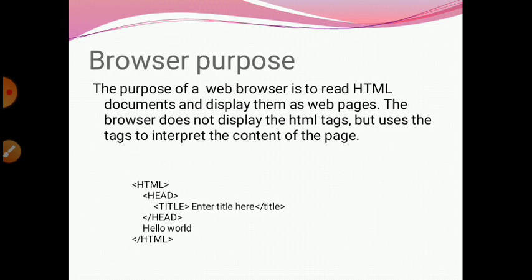So if we are making an HTML file, the browser cannot show all the tags. They are predefined tags. The browser can only identify that this is an HTML tag, and it shows whatever instructions we have given inside the title tag or inside the body tag. It shows only that.